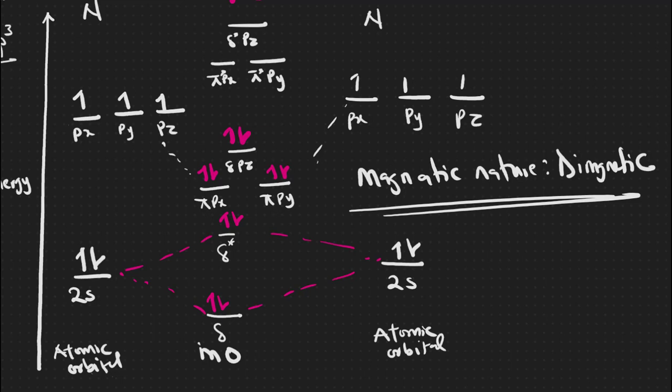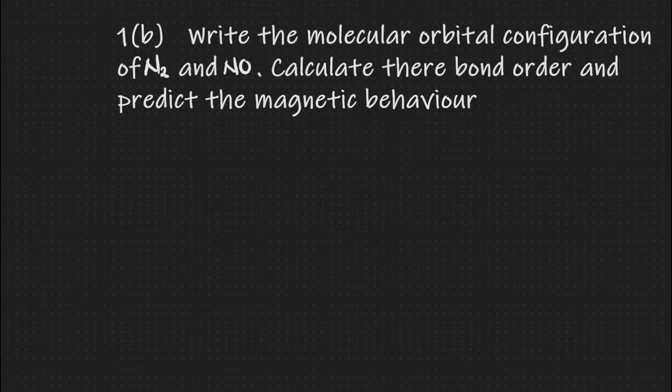Let's go to the next molecule. Alright, the next molecule is nitric oxide, which is formed due to the combination of nitrogen and oxygen atoms, right? So we have to know the atomic number of nitrogen and that of oxygen and write the electronic configuration.